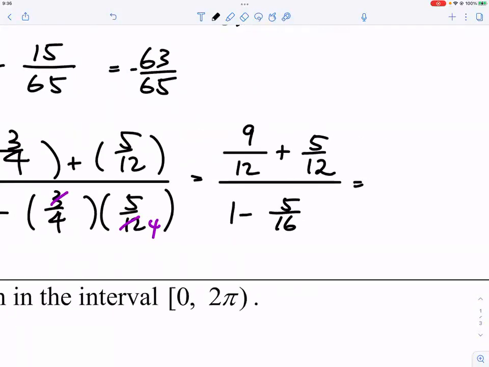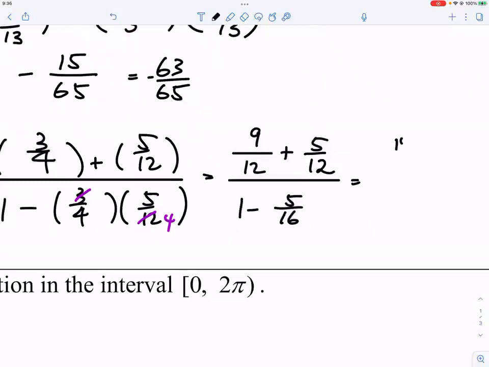So the numerator becomes 14/12, and then the denominator is 11/16. And then let's go ahead and simplify the numerator, which is 7/6. And then there's nothing you can simplify over there.